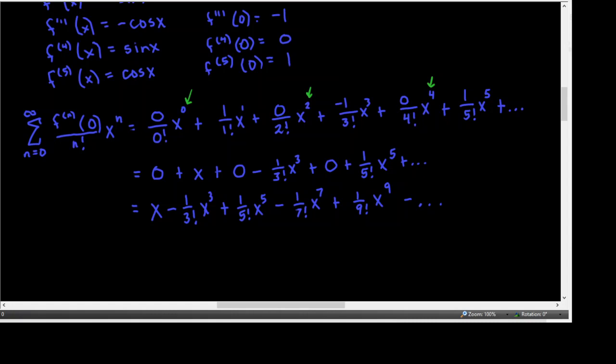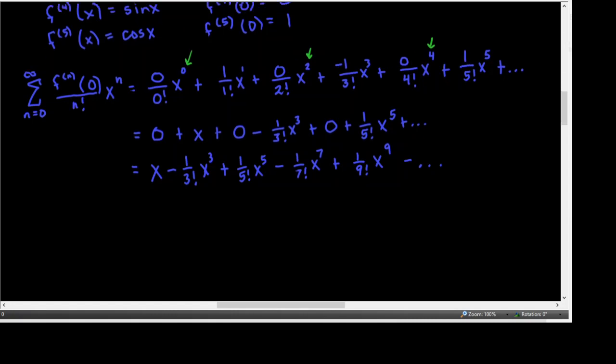So let's see if we can write a more concise formulation of the series that we just developed. And we'll have n start with 0 and of course go to infinity. And all we want to produce are these particular terms.